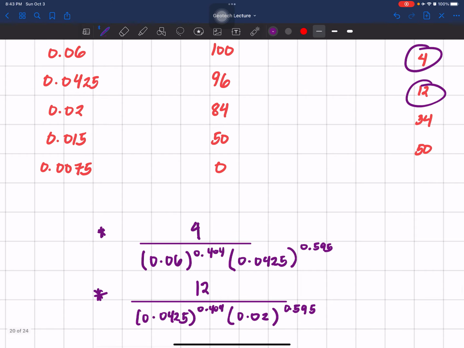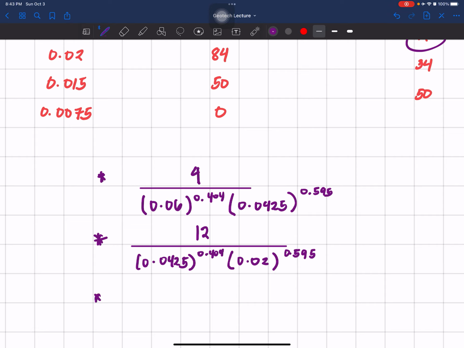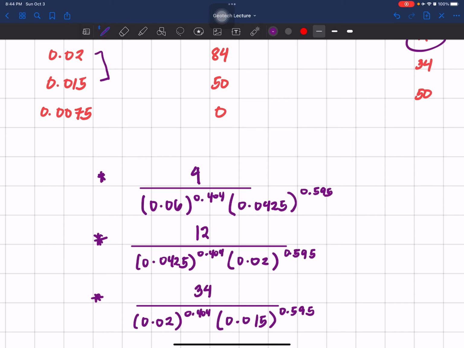Okay. Next term, we have 34 naman. So, we put it here, 34 all over. Fraction in between siya. Ano yung pinagigitnaan si 34? We have 0.02 raised to 0.404 multiplied by 0.015 to 0.595. Okay, so ito yung pinapagitnaan si 34.